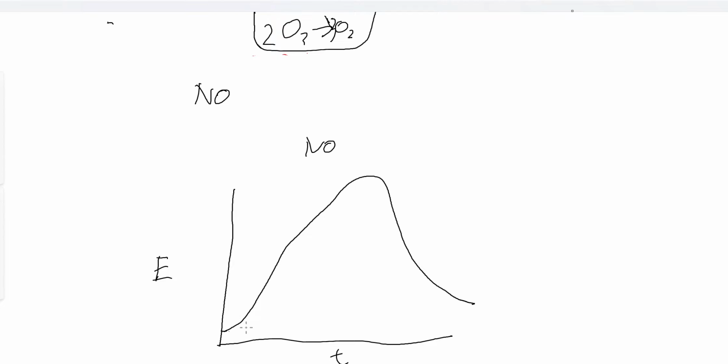However, with a catalyst, as I'm going to mark with the dashed line, this spike is more of a hill now, and it takes less energy in order to get there, which means that things have to line up at the same point, and also that we have the same reactants and products. We just take a different pathway, which is basically what a catalyst does. It opens up a new pathway that takes up less energy.